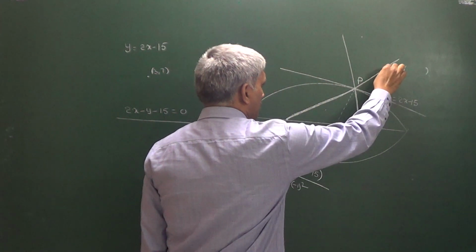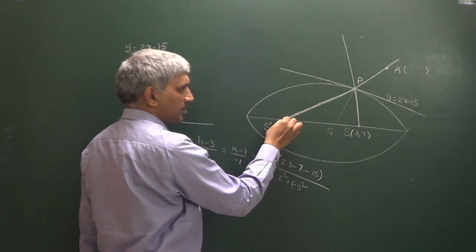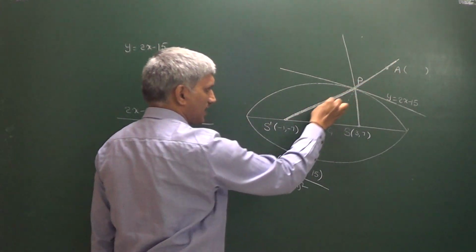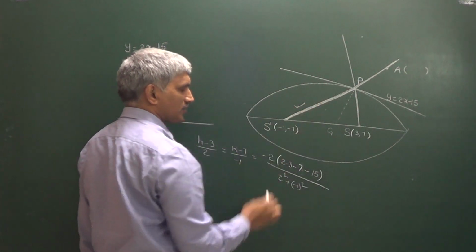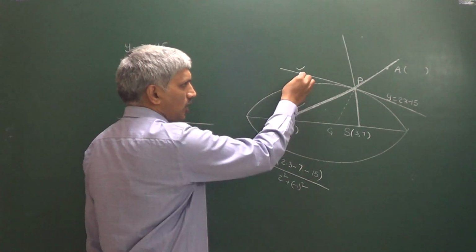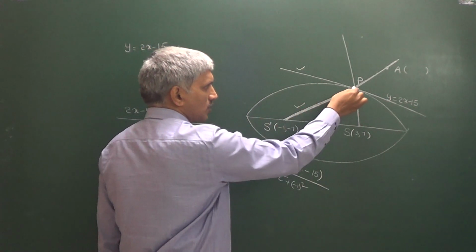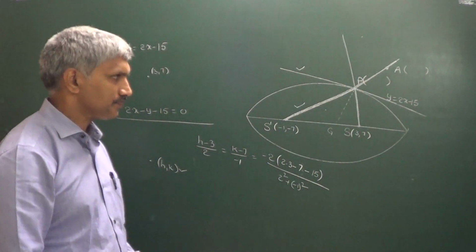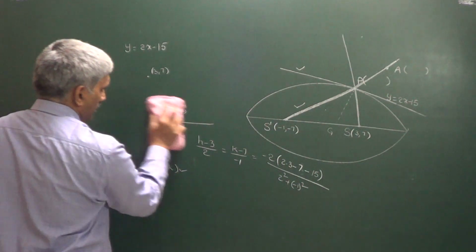You know the point A and you know the point S dash. Then we can find the equation of S dash A. This line equation we know, and the tangent at P is also given. Solve these two line equations, we will get the coordinates of point P. So that is the idea.